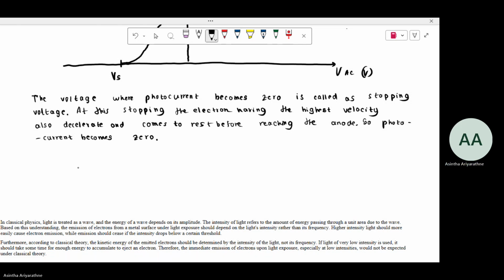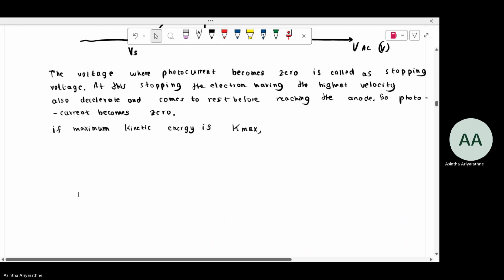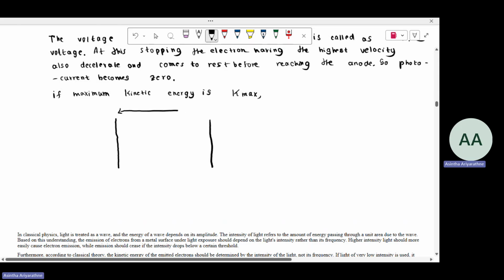Right. So in that case, if the maximum kinetic energy is Kmax, and the stopping voltage is, let's say, Vs. So this is the cathode, this is the anode.